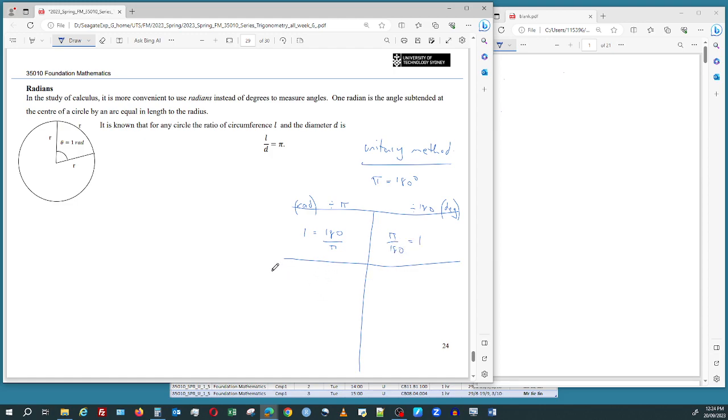So for example, 2.57 radians is going to be 2.57 times 180 on pi. So that'll give you 2.57 is equal to 180 times 2.57 over pi. Very straightforward.